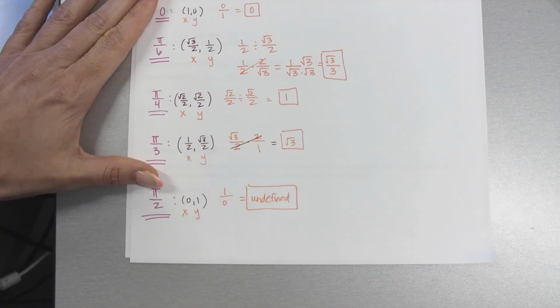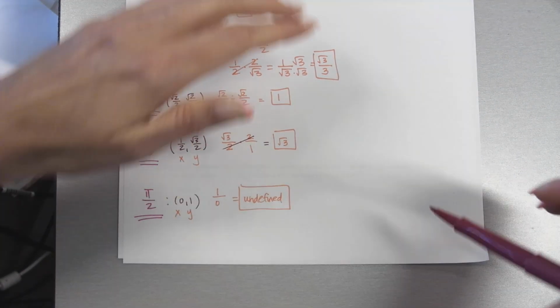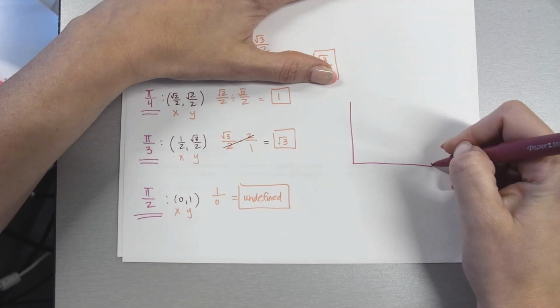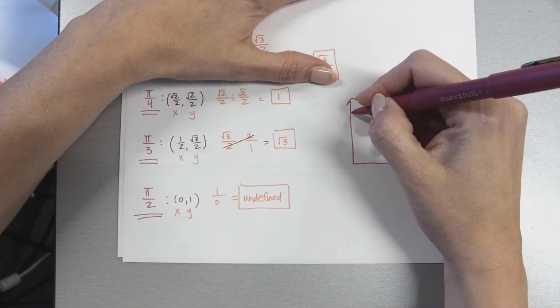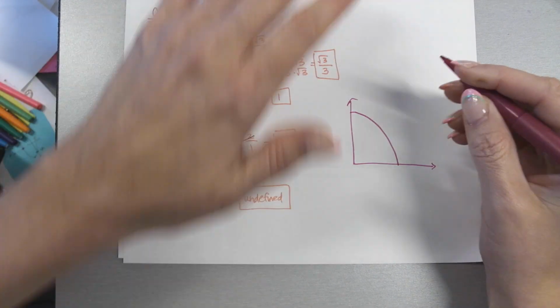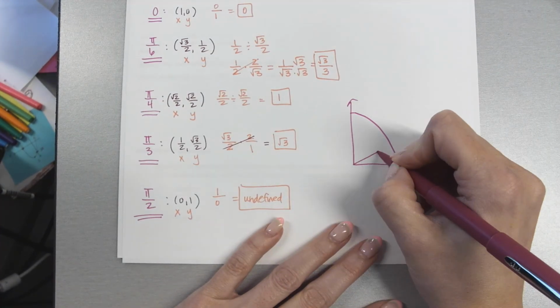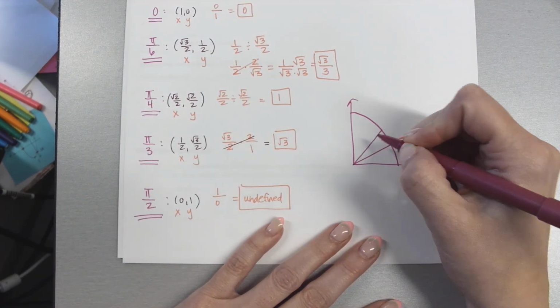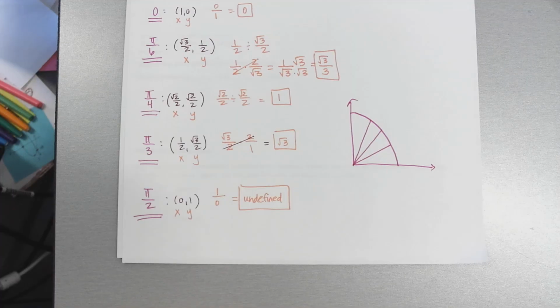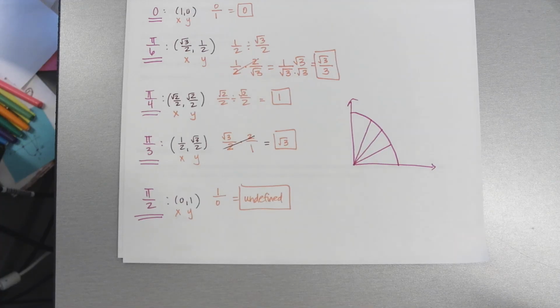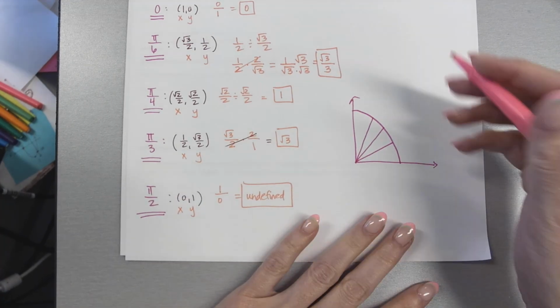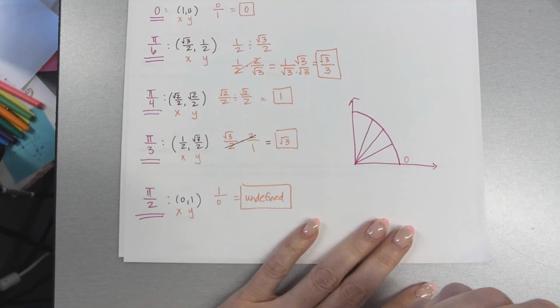So we're just going to draw a little quadrant 1 here, and we're going to write out what the tangent values are. Okay, so you can always calculate the tangent values. That's what we just did. You can always find them by doing y divided by x. But some people like to use this pattern because we can see that, oh, here at 0, the tangent is 0.